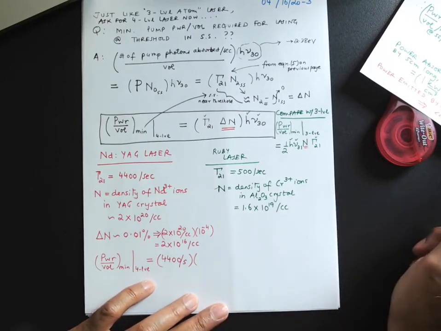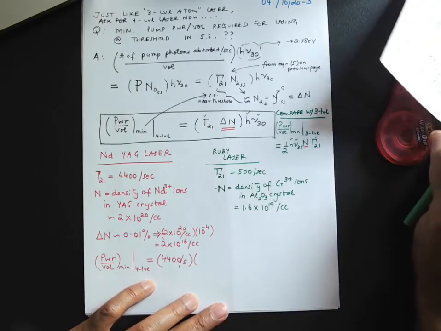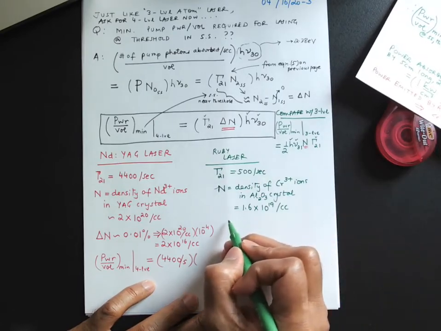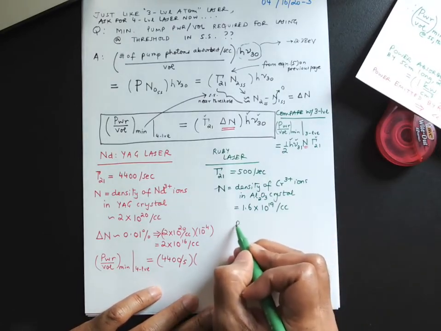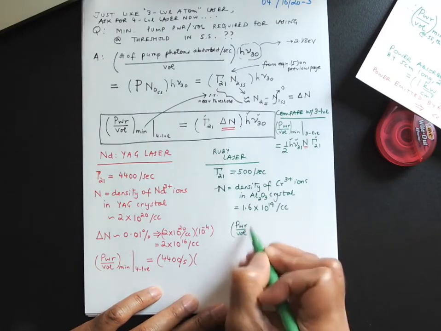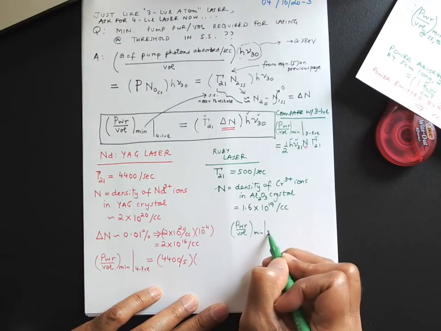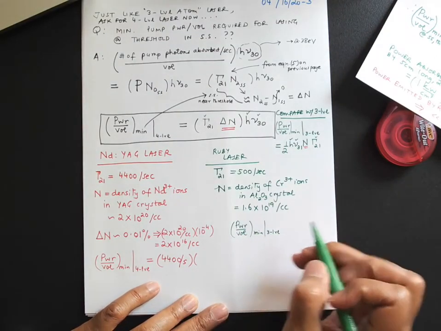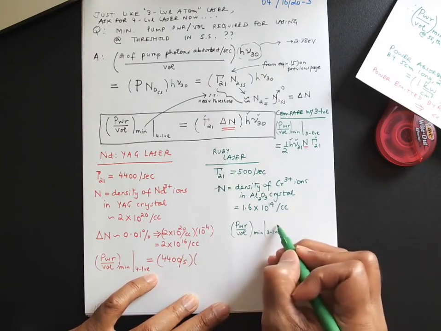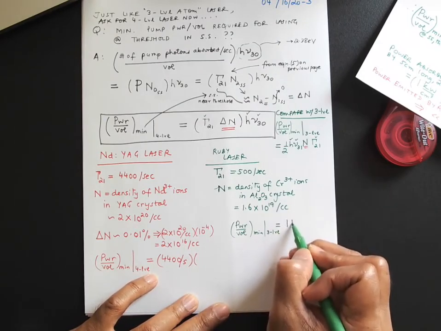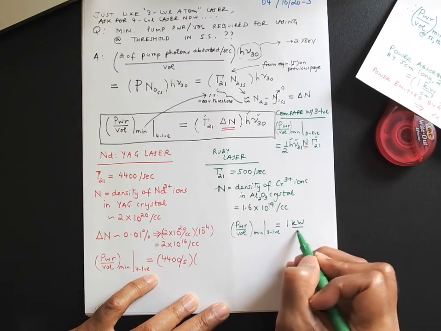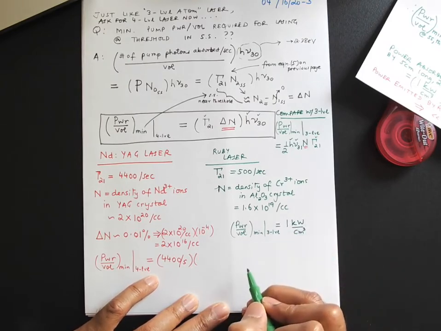What was it for Ruby? We worked it out to be the power per unit volume minimum, 3 level, worked out to be, I'm just copying off it, 1 kilowatt per centimeter cube. That's what you needed.